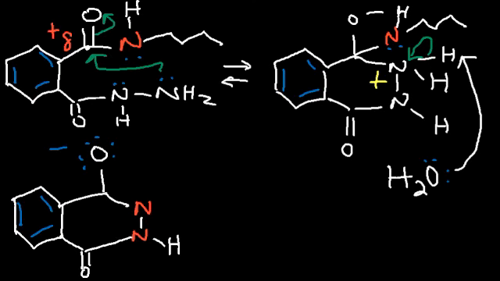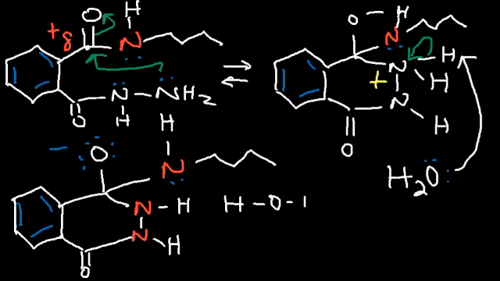So these two nitrogens only have one hydrogen. So now we're going to use water to transfer the hydrogen that it just acquired. So once water grabs the hydrogen, now it's in the form of H3O+. So this nitrogen, being a weak base, is going to take the hydrogen from H3O+.